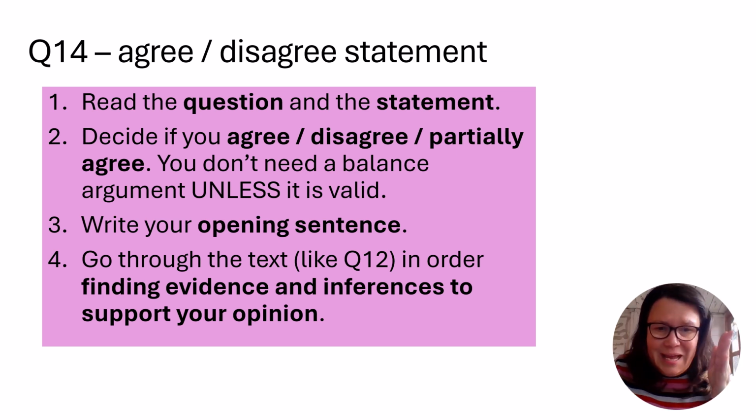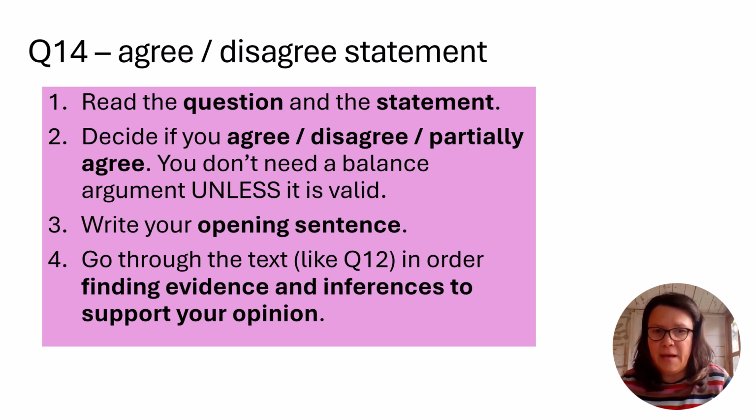And then you do exactly the same as we did for question 12, which is you go through the text in order and you find 10 quotes that support your view of the statement, and you put them in with a very little inference explanation. Just like the previous 10-mark question on this paper, you should be able to write 10 sentences and get 10 marks.